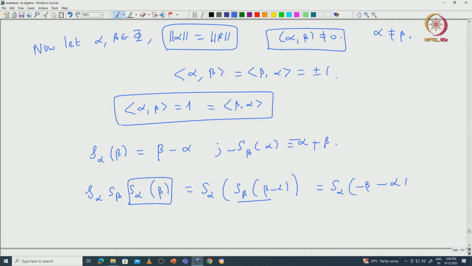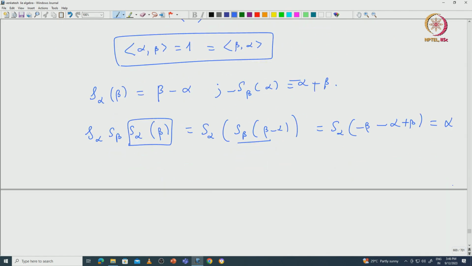So, it is minus alpha plus beta. So, it is exactly plus alpha. So, that means alpha and beta are conjugate under this S alpha, S beta, S alpha. So, that means alpha and beta are conjugate inside your W, inside your Euclidean space. So, this is what we wanted to prove.